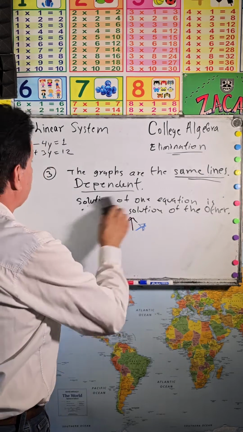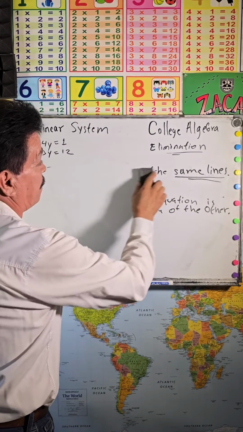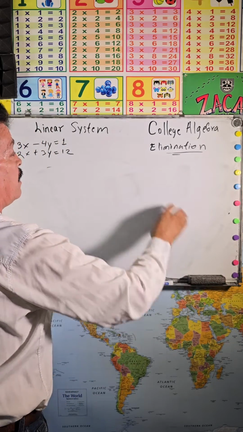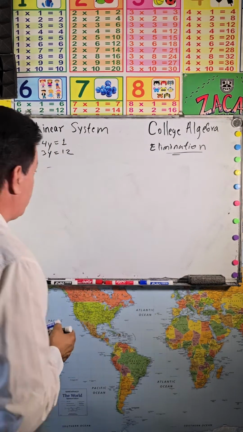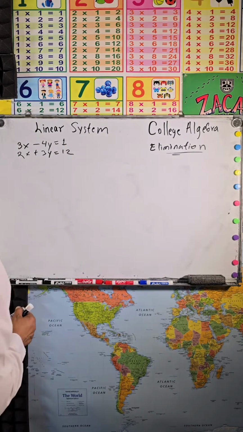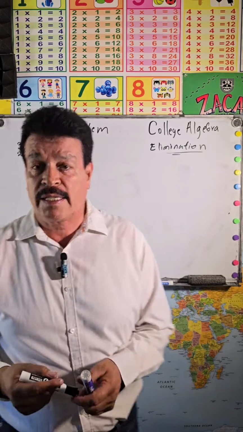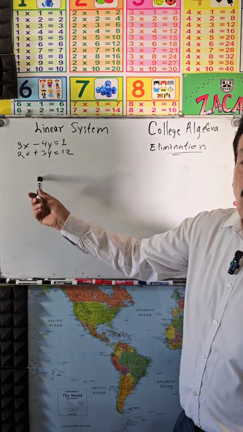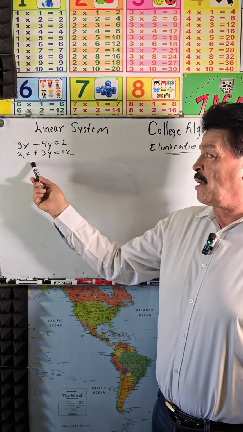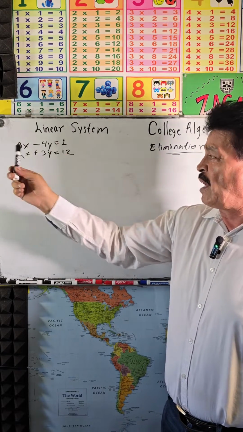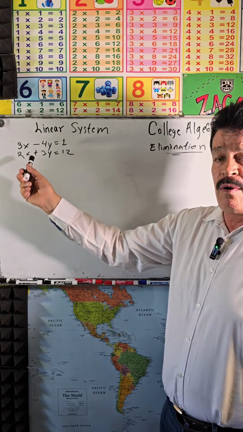So now let's try to solve the first problem using the elimination method. In this kind of problem, we need to take out one variable. But how do we do that? We need to cancel one variable.